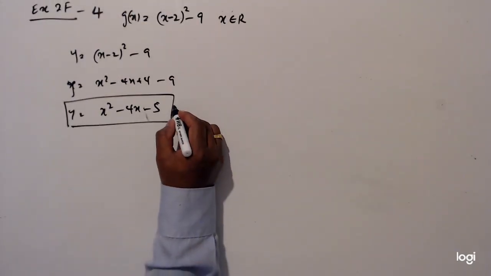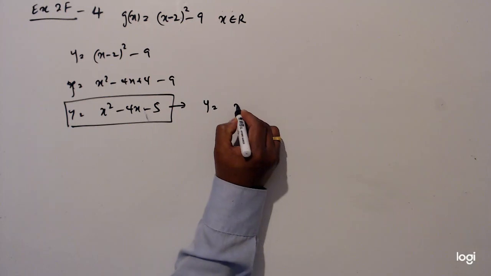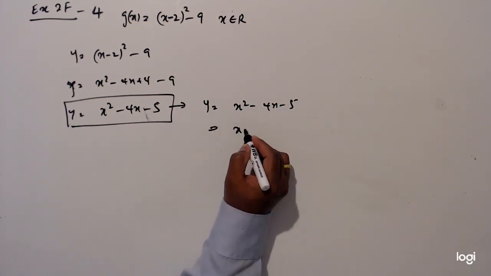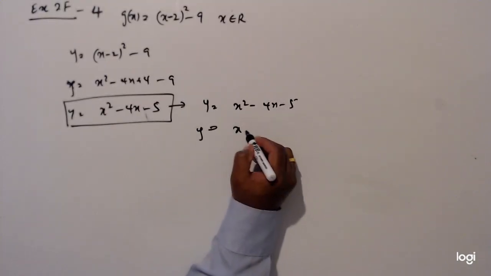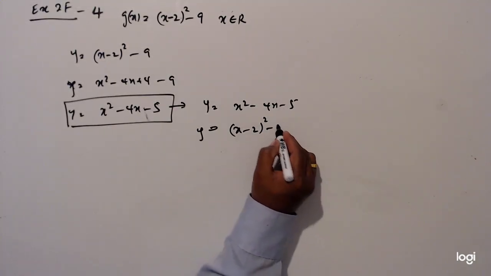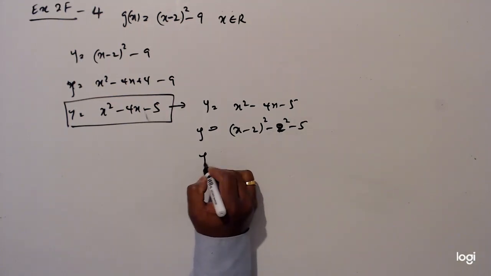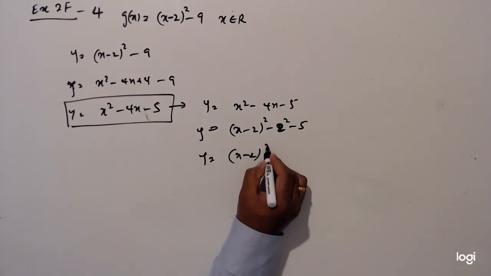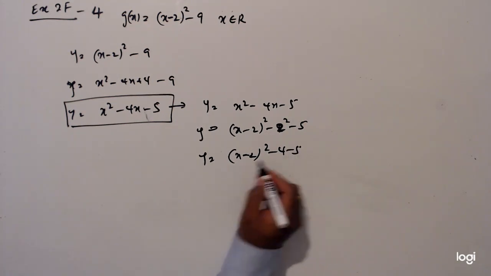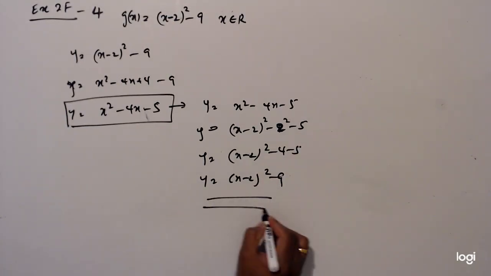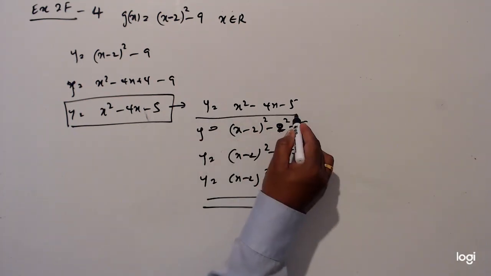So from here, y equal x square minus 4x minus 5, then you get half of this, then you minus 2 square minus 5, so y equal (x minus 2) square minus 4 minus 5, y equal (x minus 2) square minus 9. That's how we do it. This is the quadratic graph.